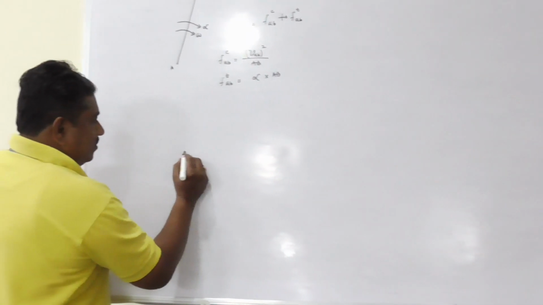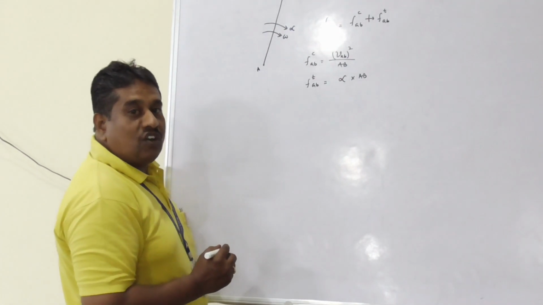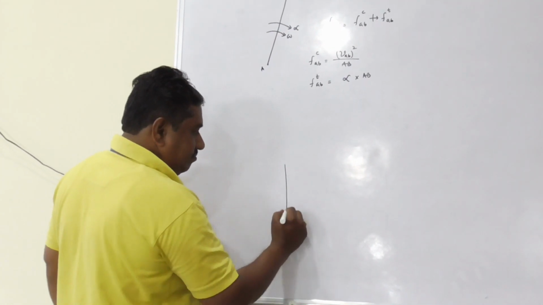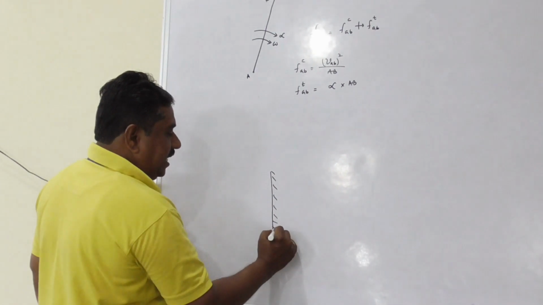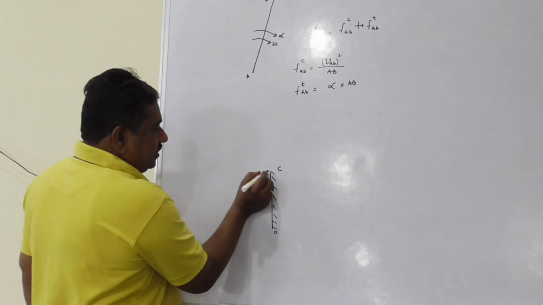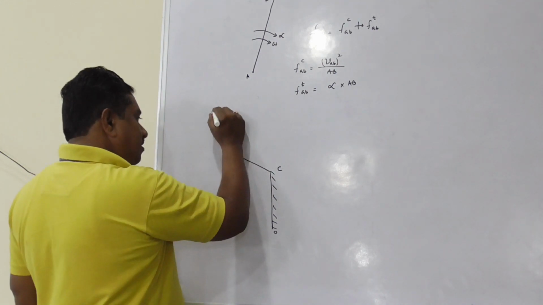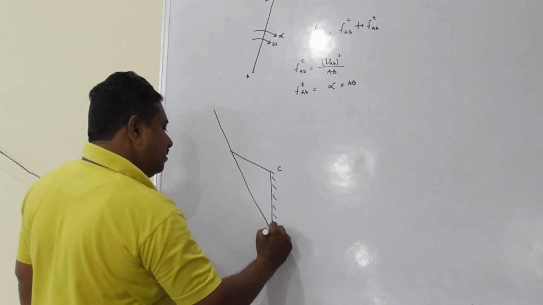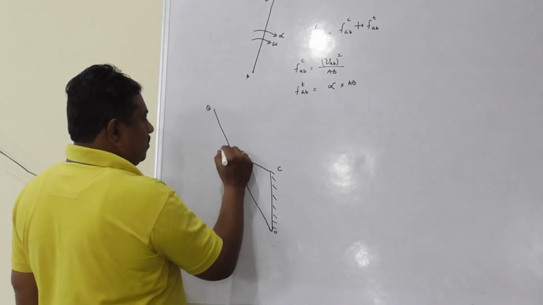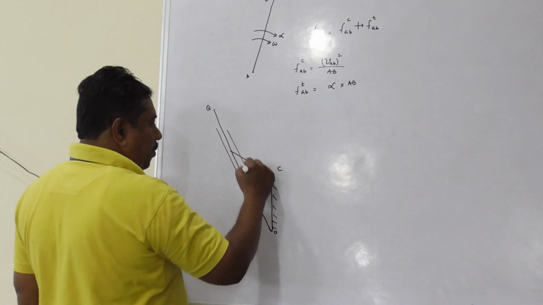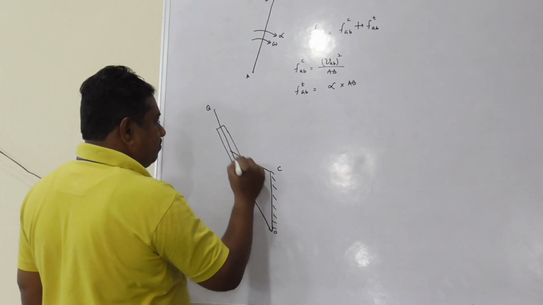For example, consider the crank and slotted lever mechanism, the quick return motion mechanism. OC is the crank, a fixed link. CP is the connecting rod. OQ is the slotted lever.